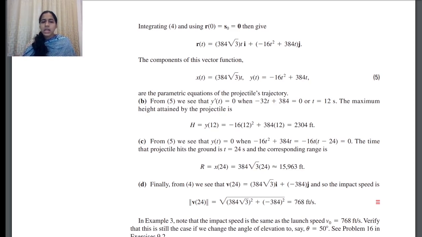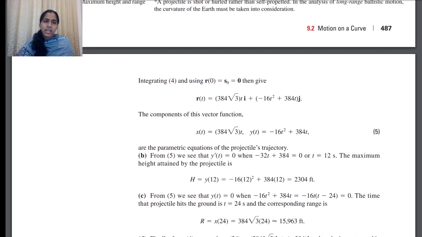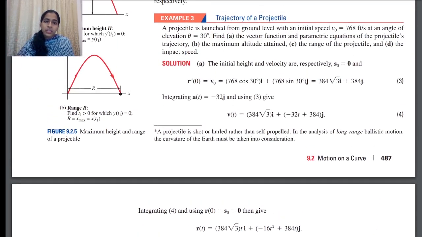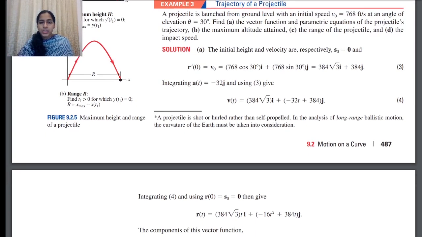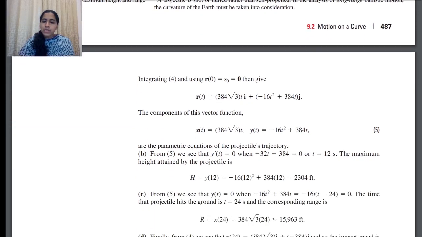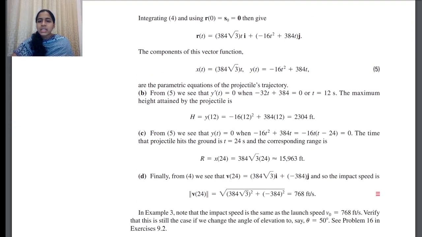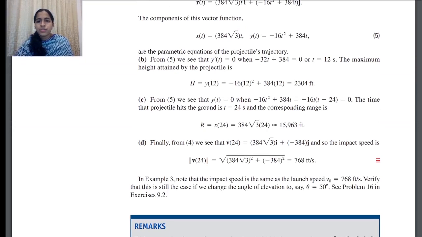And the next portion was to find the range of the projectile. Now let us recall how we can find the range of a particular projectile. To find the range, we have to find a t greater than 0 for which y of t is 0 and substitute it in x of t. So we have y of t equal to minus 16t squared plus 384t. Setting this equal to 0 and taking t common, we get minus 16t into t minus 24 equals 0.